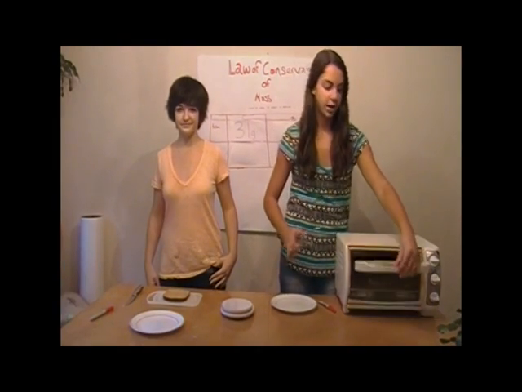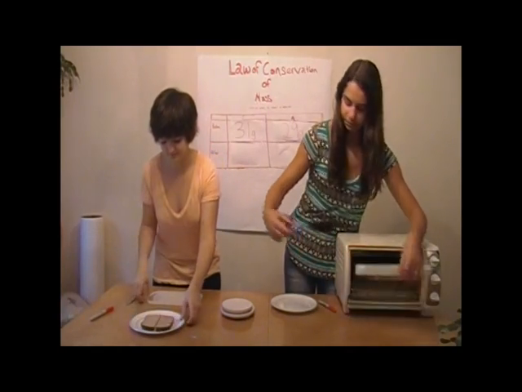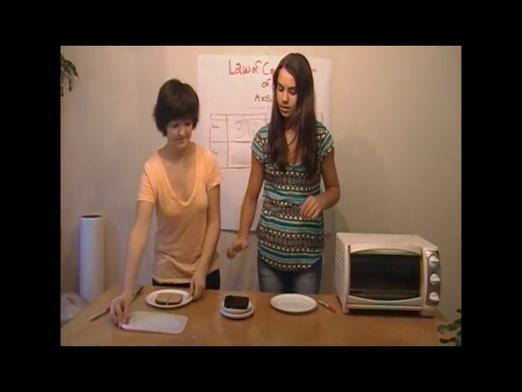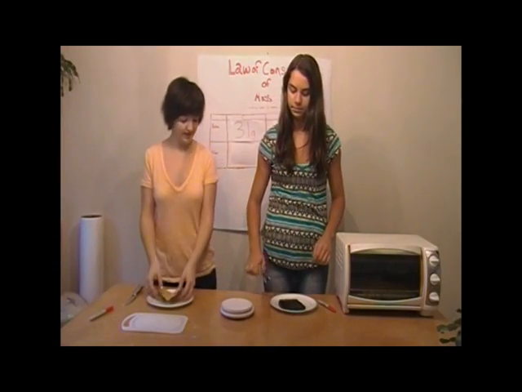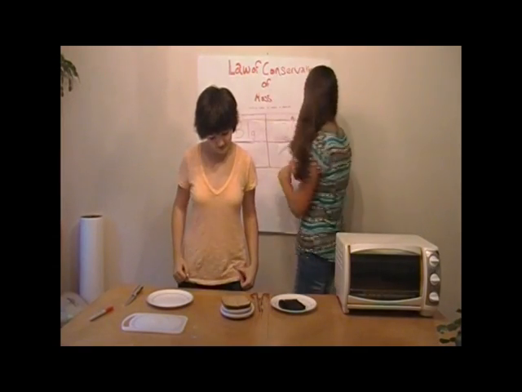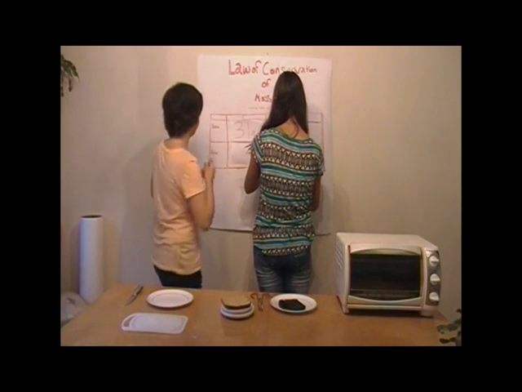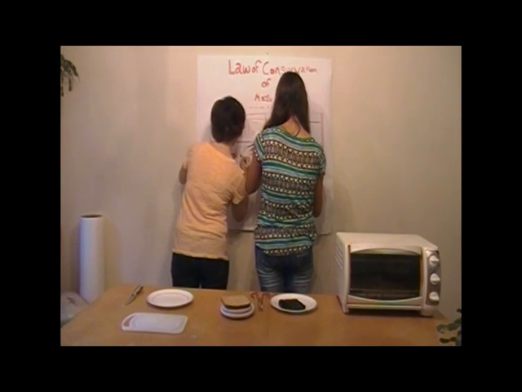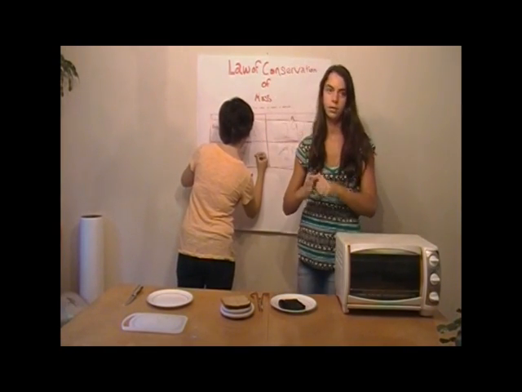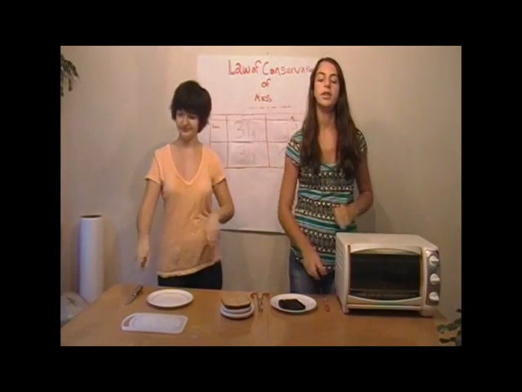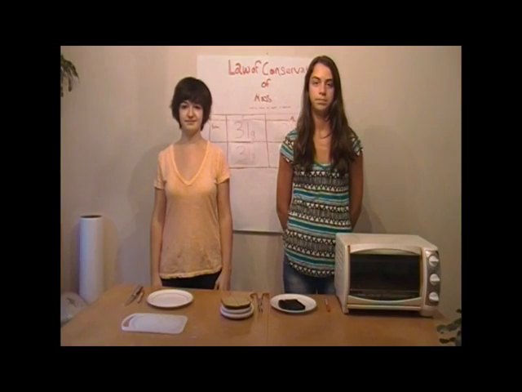So now we measure again. My piece of bread is still 29 grams. And my piece of bread is still 31 grams. So now you see that a substance does not change in mass when it undergoes a change.